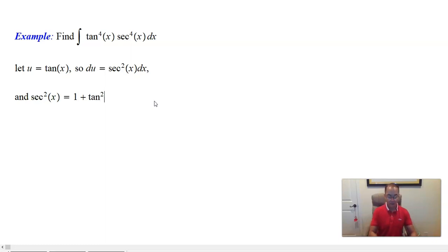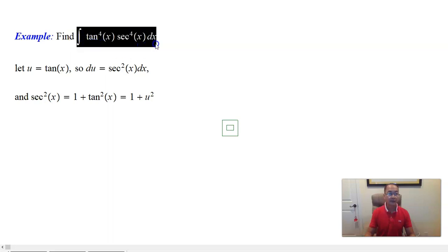I always have to think a second, like which one is it? Is it a plus, minus? And tangent squared, so that is 1 plus u squared. Those are our ingredients. So we can plug this in now.